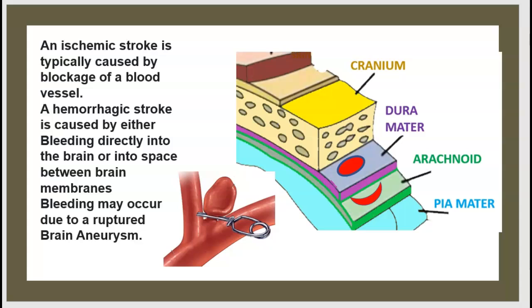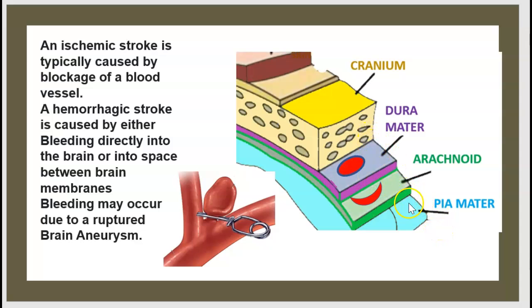An ischemic stroke is typically caused by blockage of a blood vessel. A hemorrhagic stroke is caused by bleeding directly into the brain, but also into the membranes of the brain. Here is the cranium, here is the dura mater, here is the pia mater.